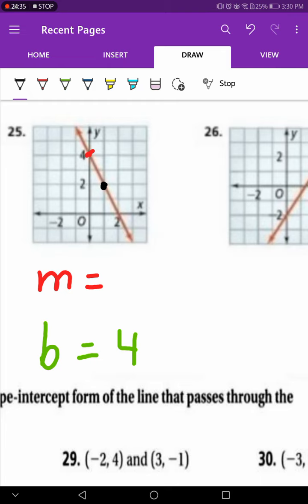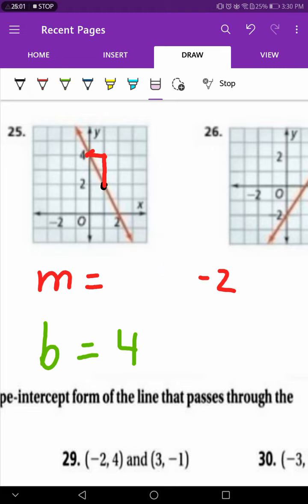Okay. Now 2 steps up and 1 step left. So I rise 2 steps and I move left 1 step, that means negative, so it is equal to negative 2. So the slope is negative 2.